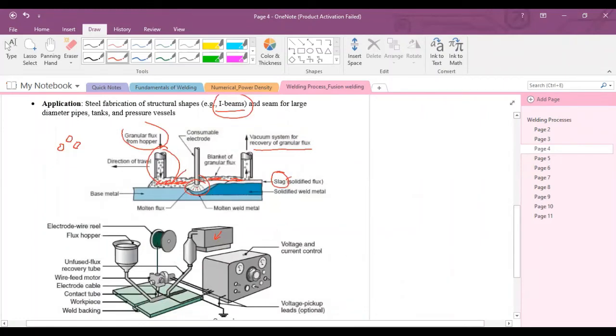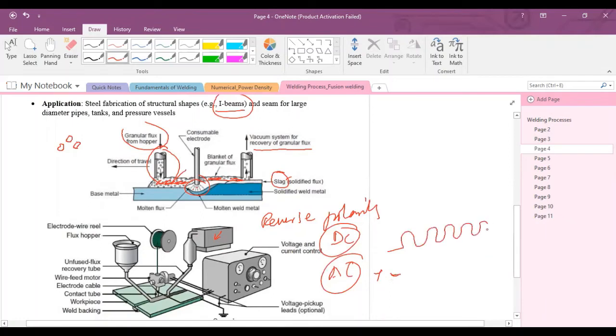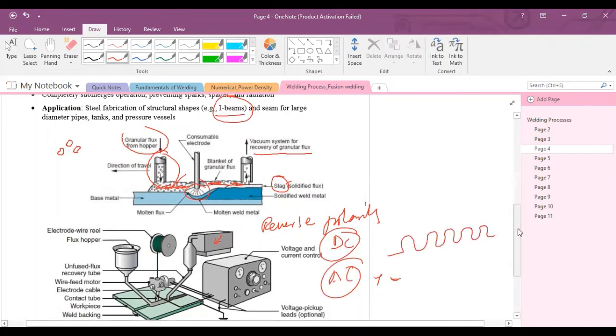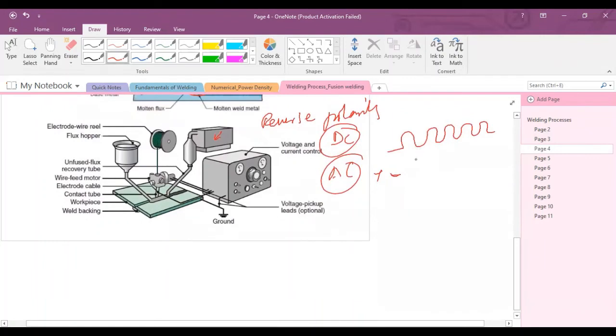In this process, reverse polarity is used if you are using a DC source. For an AC source, you don't need positive or negative, because AC current is continuously fluctuating.